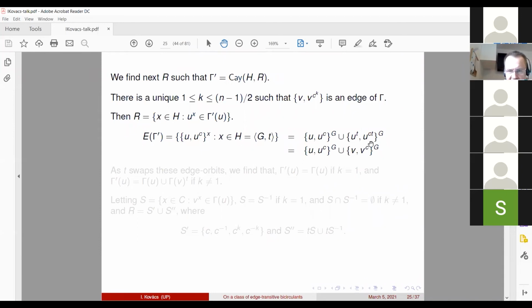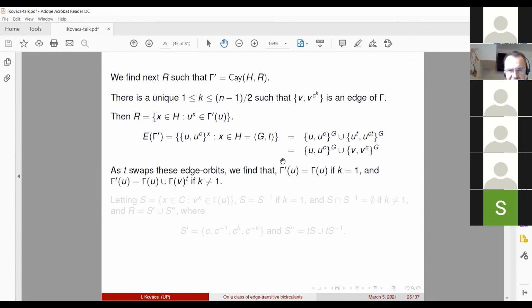Now, if V and VC is an edge in gamma, then actually the H set of gamma prime would be the same as the H set of gamma. But what does it mean that V and VC is an edge of gamma? It exactly means that this K is 1. So if K is 1, then the graph gamma prime is the same as gamma.